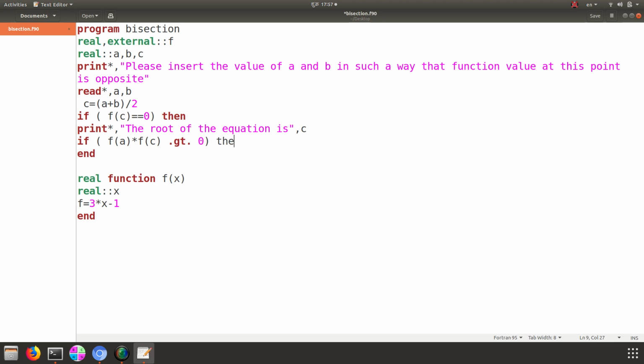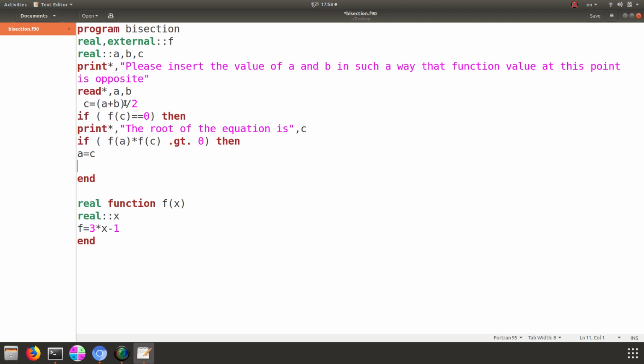Then, previously I said there is no point of keeping point A, so we need to move this point A to this C. So for that, A equals C. Okay, so A is replaced by C, and again the midpoint of A and B will be calculated.